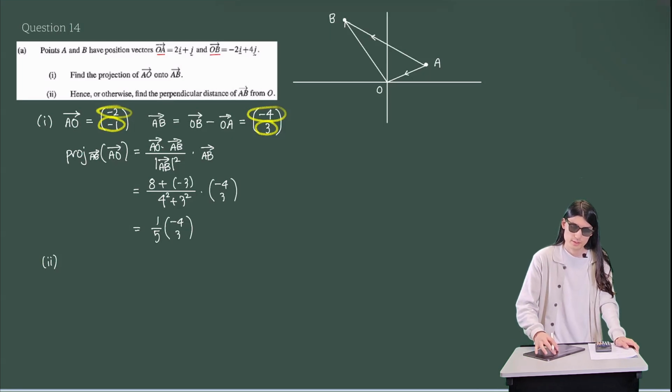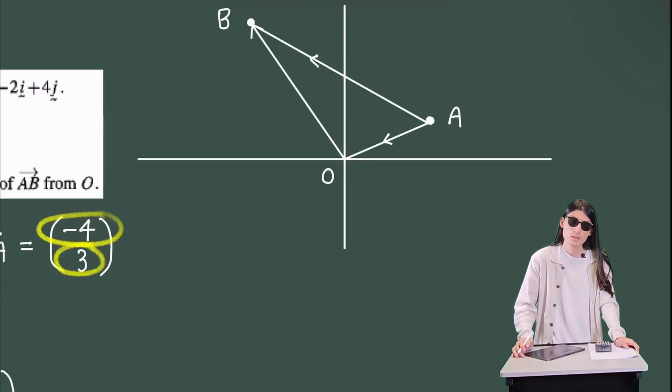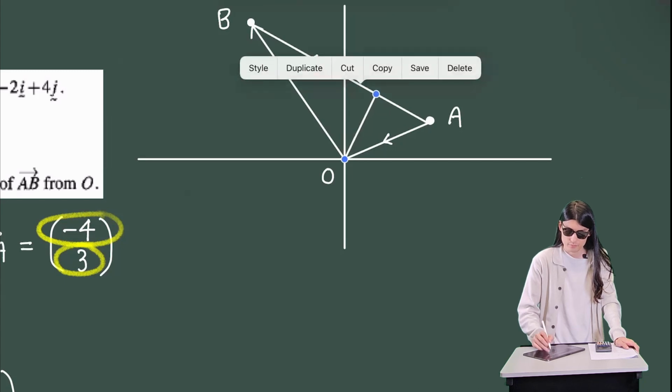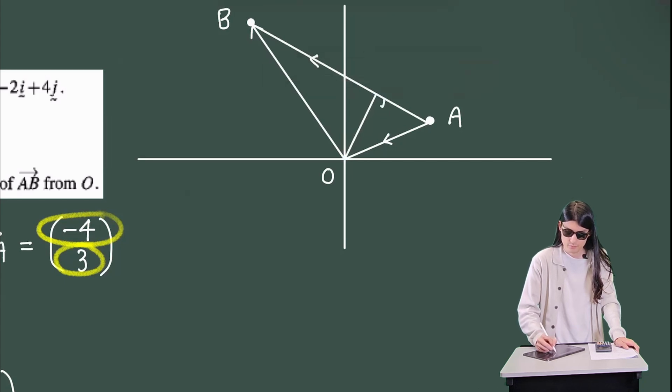Okay, so it's this vector joining from A to O. And the projection of that vector onto the vector AB is that perpendicular drawn from O to AB, and the projection is this right here.